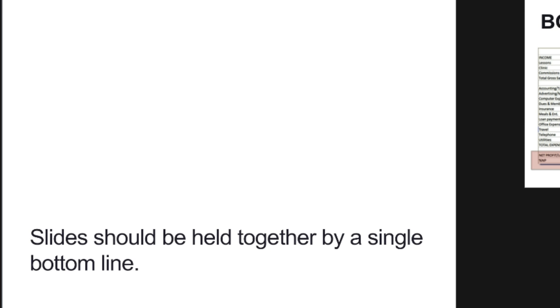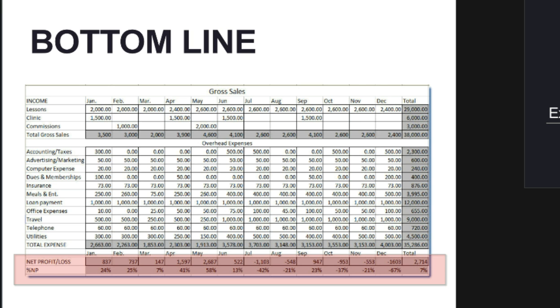This is getting to the assumption that slides, like paragraphs, should be held together by a single bottom line. This visual will look familiar to those of you who've been to previous workshops, but I do like to clarify what I mean when I say bottom line, because it's a little bit colloquial.